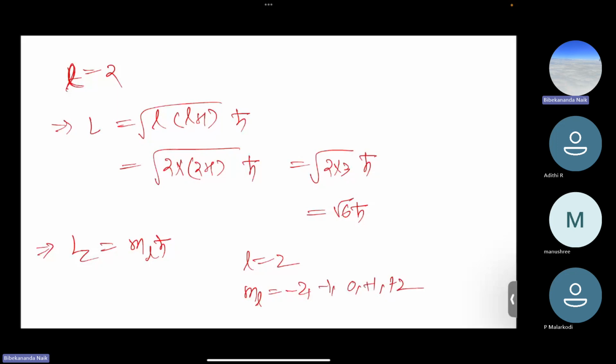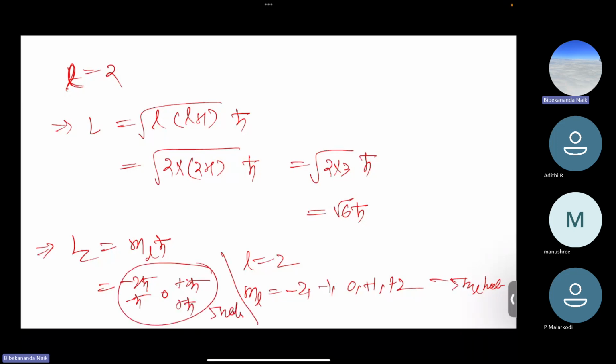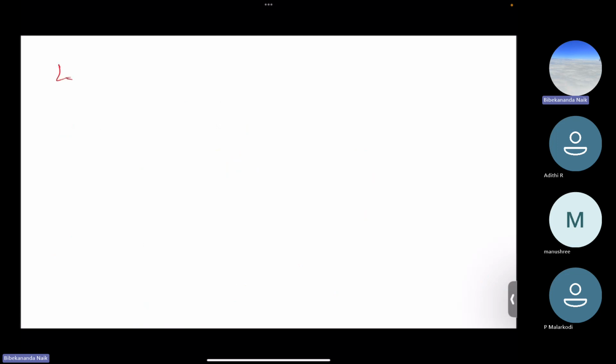So we have 5 ml values, and corresponding to these we have 5 components of Lz: minus 2h cross, minus h cross, 0, h cross, and 2h cross.